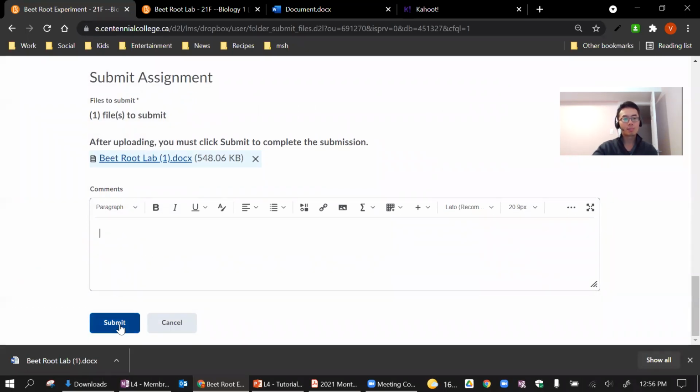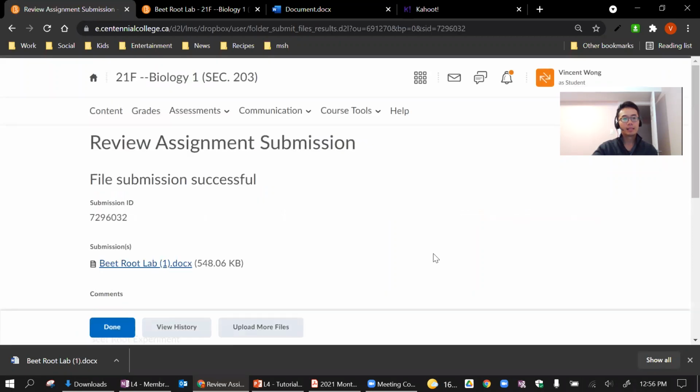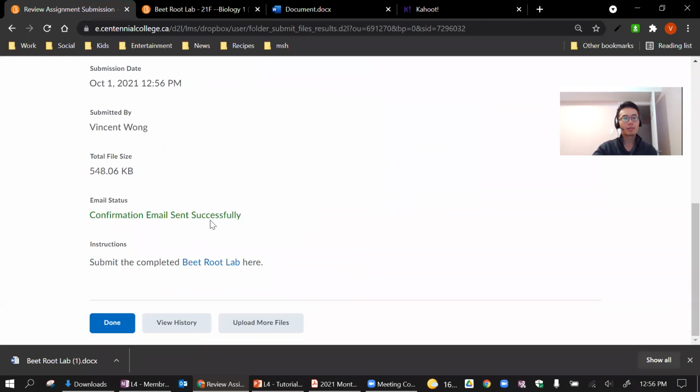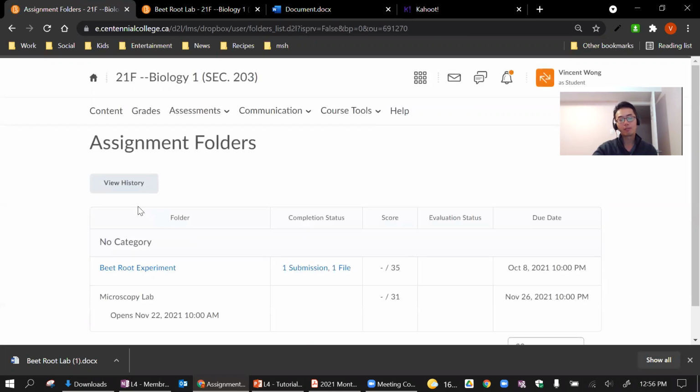Otherwise, just leave the comments blank and click submit. And that's it. I think they will send you a confirmation email. I just got the confirmation email, and when you submit yours, you will get it too. If you didn't get a confirmation email, that means it didn't go through. You don't have to email me and ask if I got your assignment. You would get the confirmation yourself.